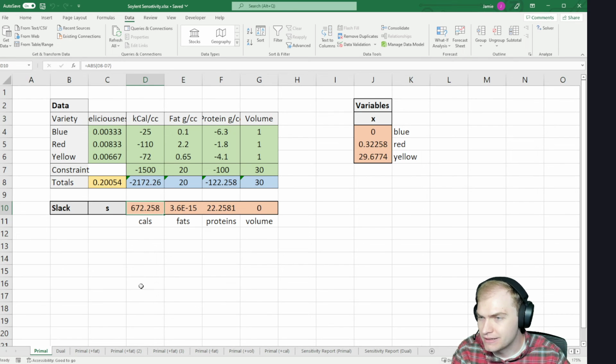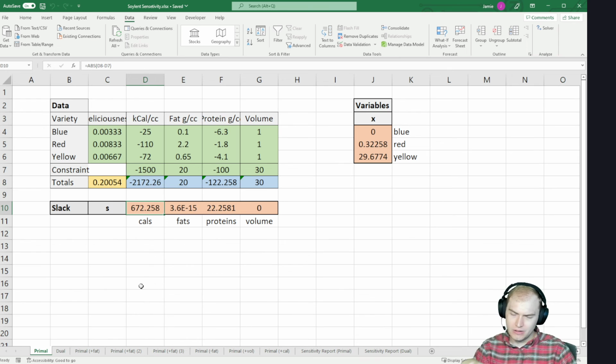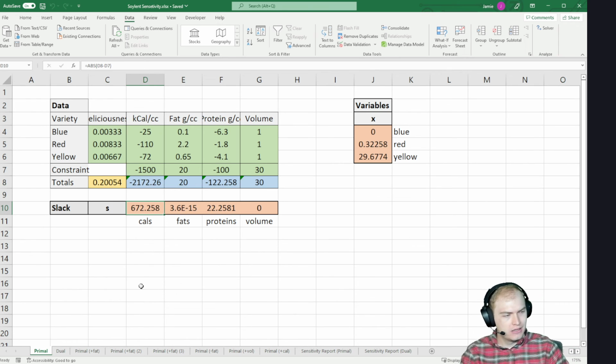Because this slack is originally a less than or equal to constraint, the slack would be added to the function. So because I negated the constraint, our allowable decrease becomes the allowable increase before infeasibility strikes.